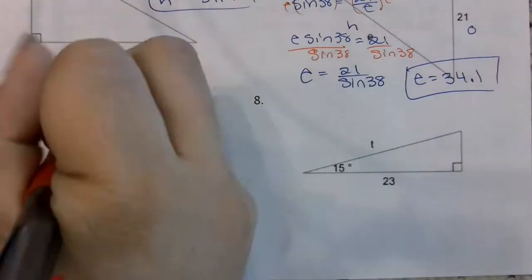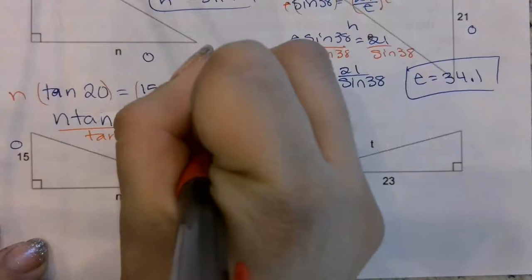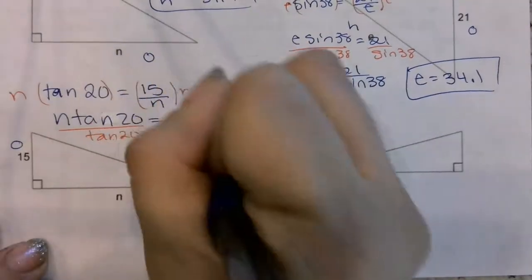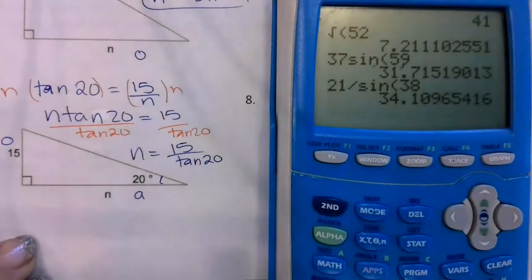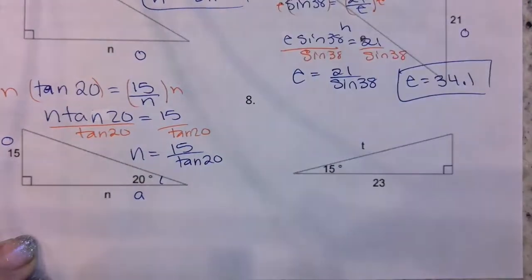And then I want to get the n by itself, so I divide out tangent 20. And I have n equals 15 over tangent 20. And I get 41.2.